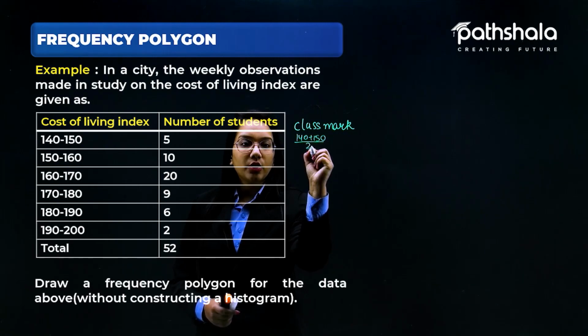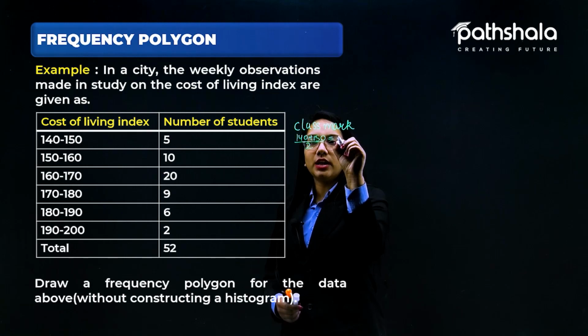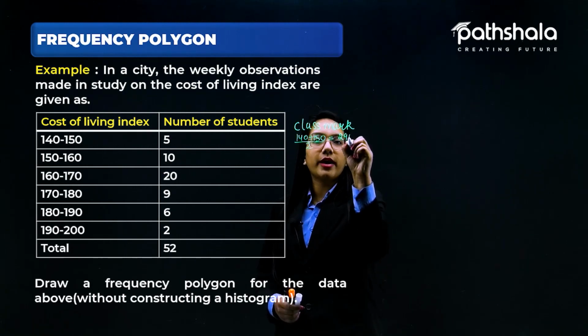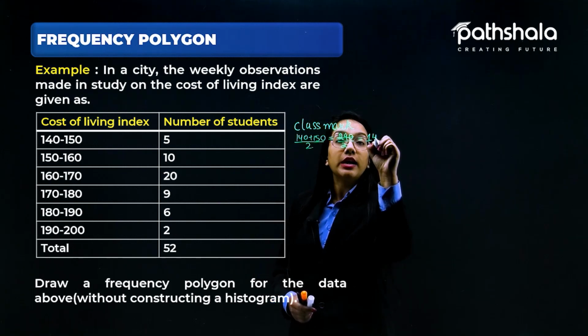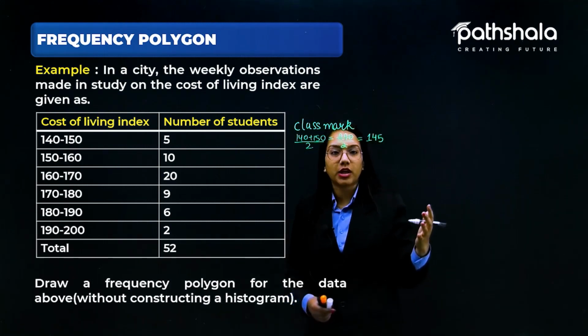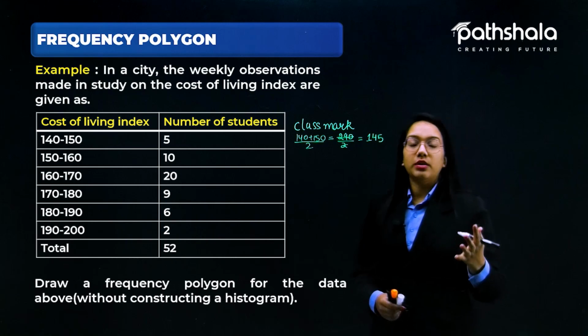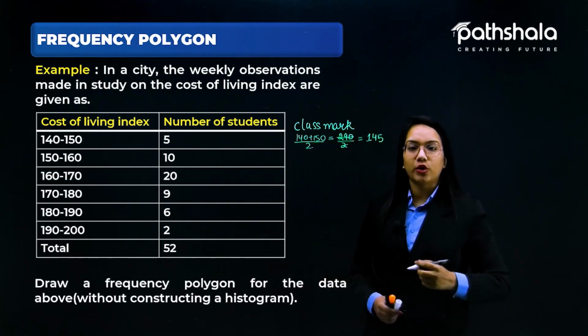This would be 290 divided by 2. So 2 into 1 is 2, 2 into 4 is 8, and 2 into 5 is 10, so 145 is the class mark, or the midpoint, of this particular class 140 to 150.